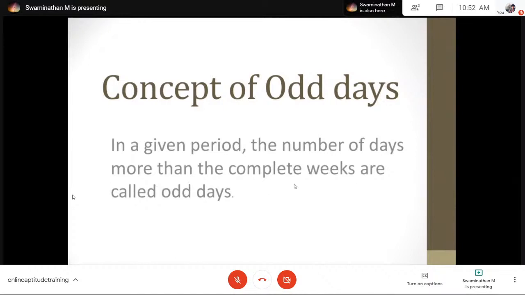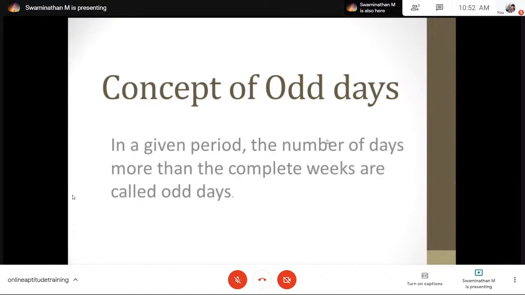I'm going to give an example: if a month has 30 days, what is the number of odd days? You divide it by 7, that is 30 mod 7 is the number of odd days per month.